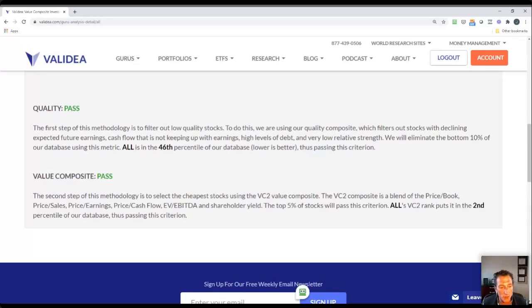There are some issues with price to book, and there are also some issues with price to earnings. But a composite helps you get over some of the issues that each one of those valuation metrics has in isolation. So that's where the value composite strategy can be useful and interesting for investors who find themselves more value oriented.